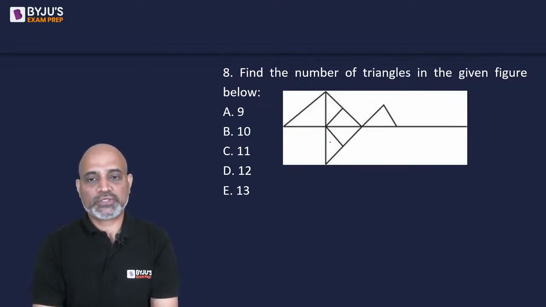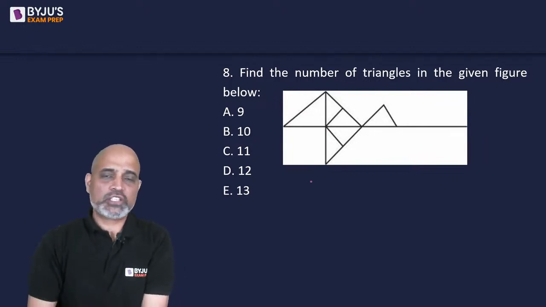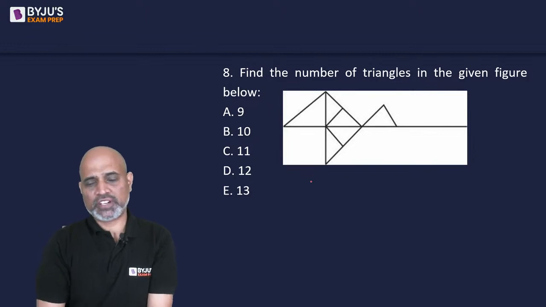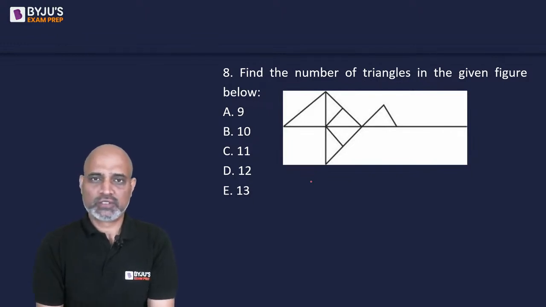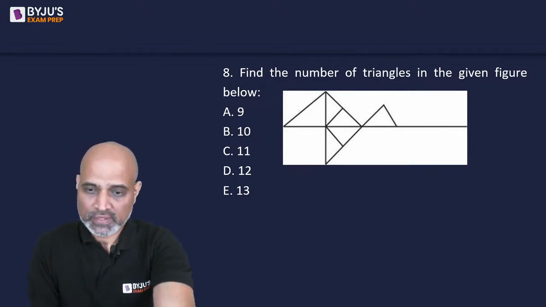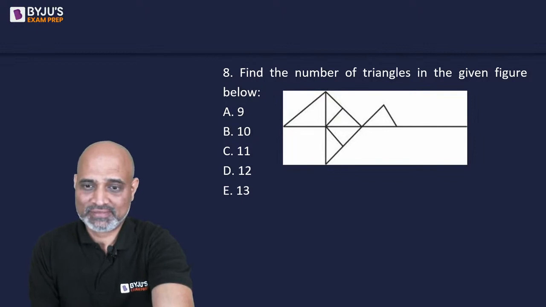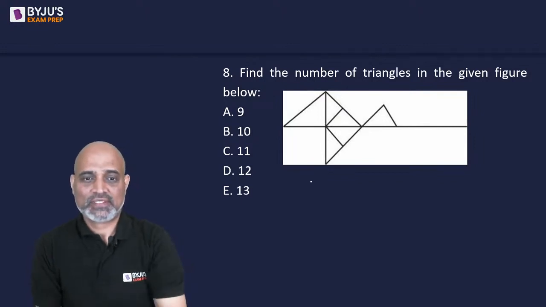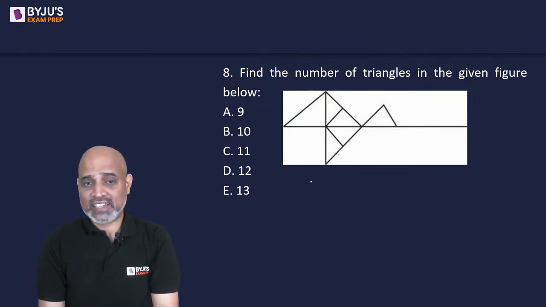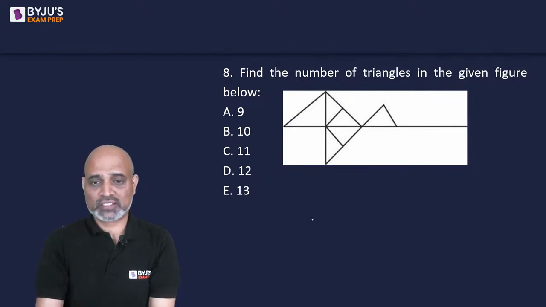So how many triangles do we have here? Start counting from the smallest or the largest. Generally prefer the largest. 10, 9, 8, where is 8 here? So 9, 10, 11. These are the options you are getting.